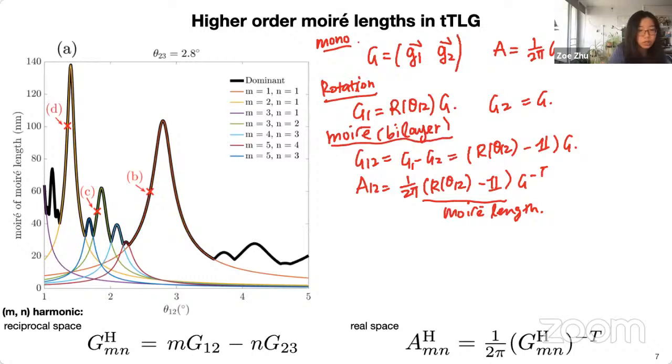And so actually in general, taking the difference between the G1 and G2, you can have a factor in front of it, meaning a more general case, sorry.